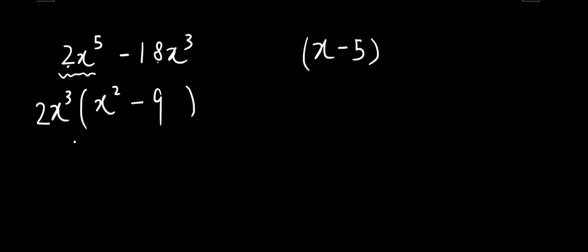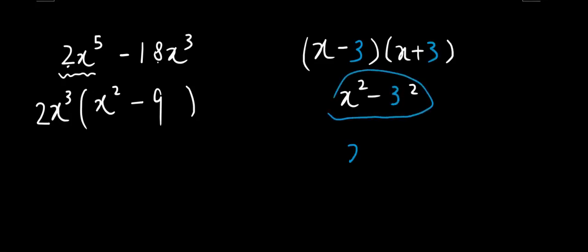We did when you multiply it, that's in the previous lesson and also in your Algebra 1 lesson, we did x squared minus 5 squared. So same thing, think about if you have x minus 3, x plus 3, you multiply them, they become x squared minus 3 squared, which is x squared minus 9. That's called multiplication.